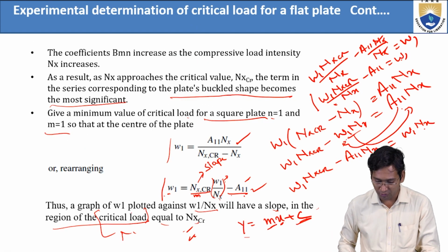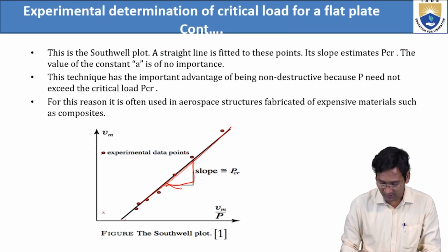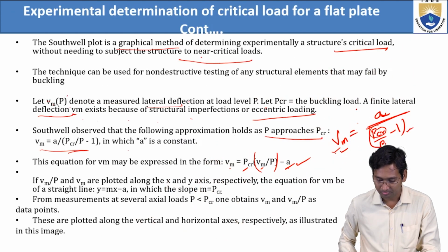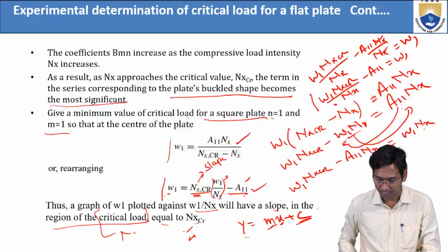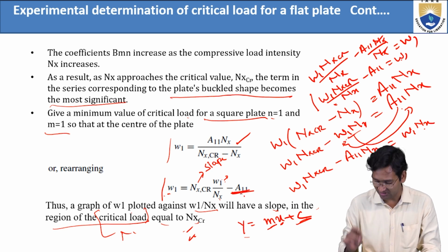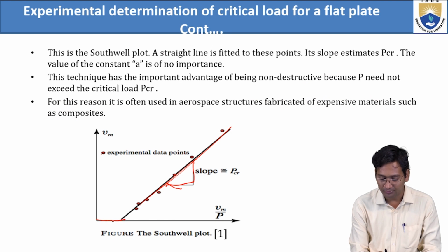In the previous video also you had seen this equation, where A11 is the slope and there is an intercept. That's why you can see in this figure that I started from here, not from the origin.